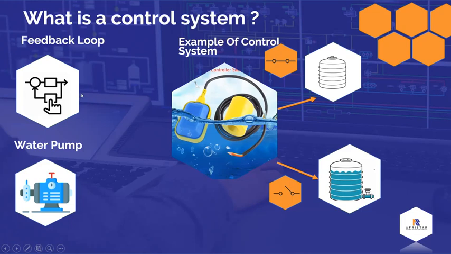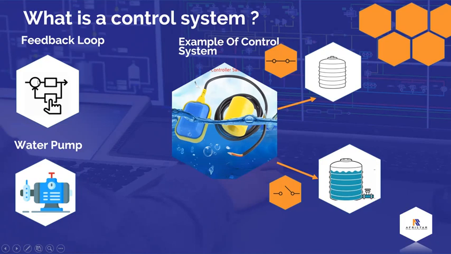There are two types of control system. One is man-made, and the other is natural, and we have a third type, which is hybrid, a combination of man-made and natural. We also have open and closed loop systems, and in our picture here we have a closed loop system, the one I'm pointing at.